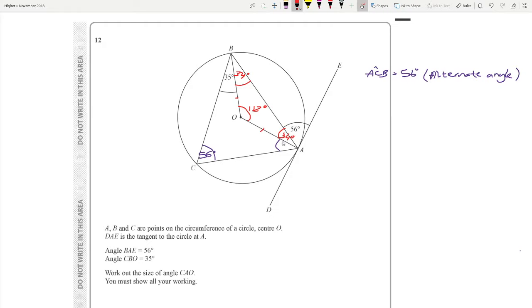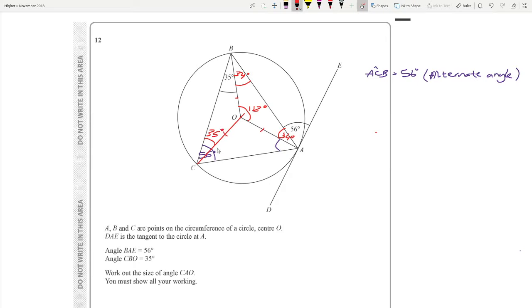Now, we've got this angle 56 degrees. Now we can work out the angle OCB. If I put another radius here, again this length is the same as this length here. So if this angle is 35 degrees, then this angle is also 35 degrees.